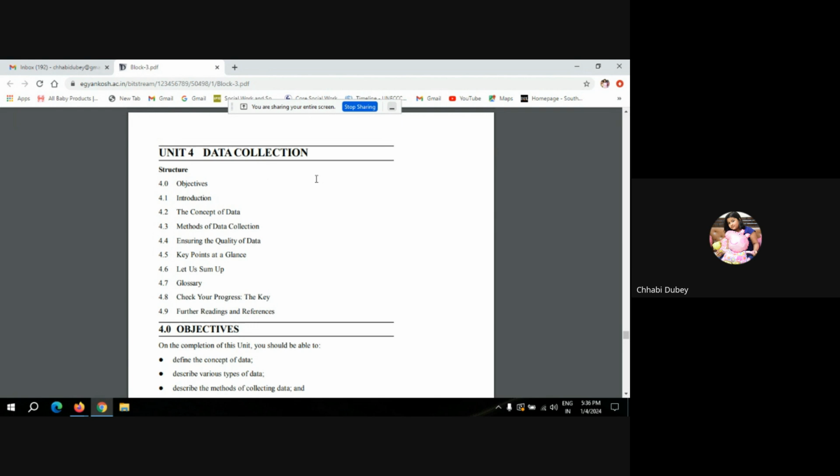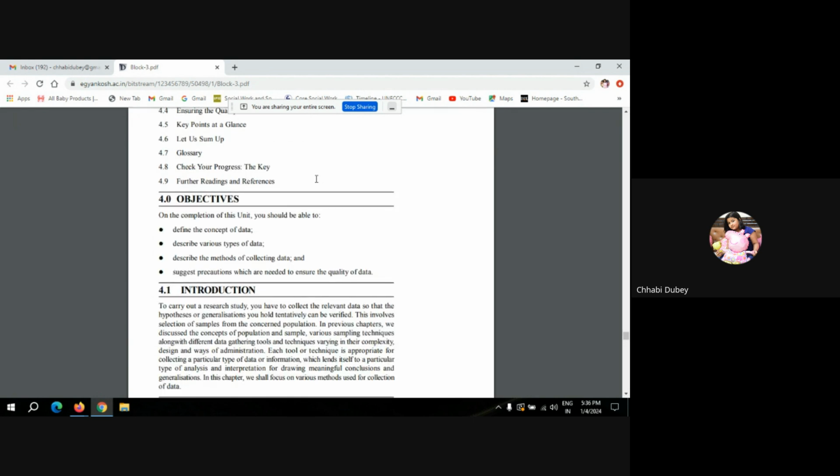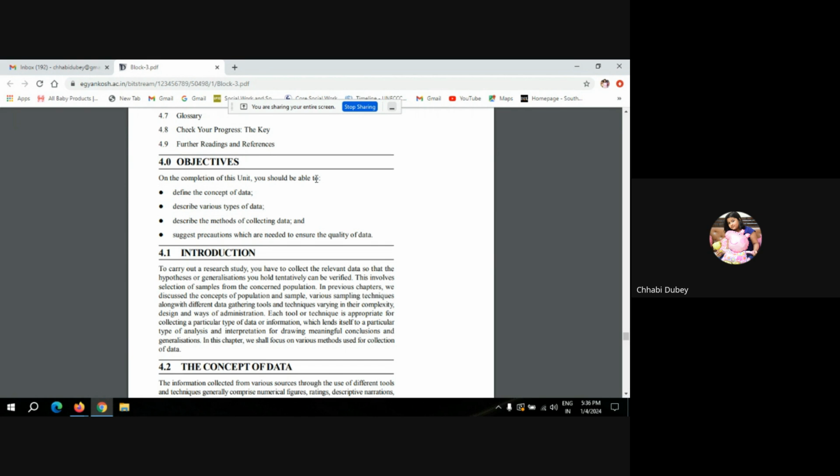Now we come to this process of data collection. What exactly do you understand by data? What is the method of data collection? What about ensuring the quality of data and all these things? We are going to see in this last unit.